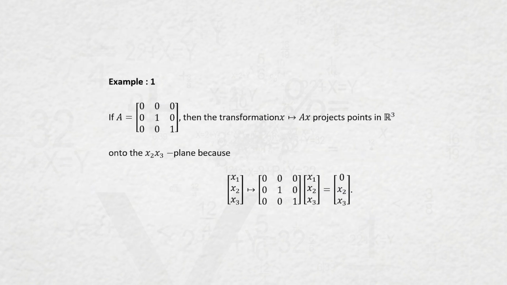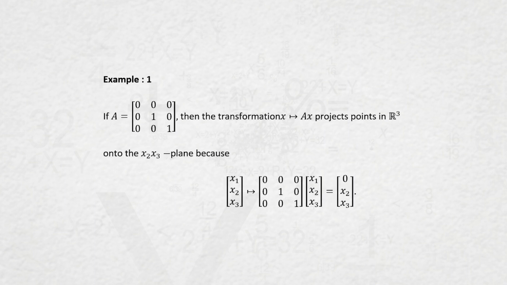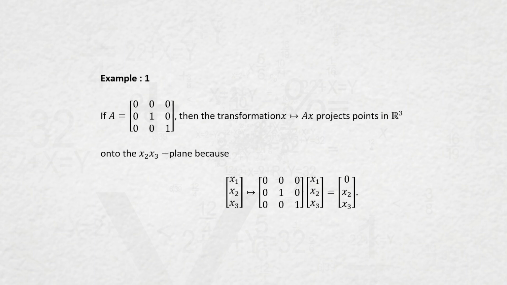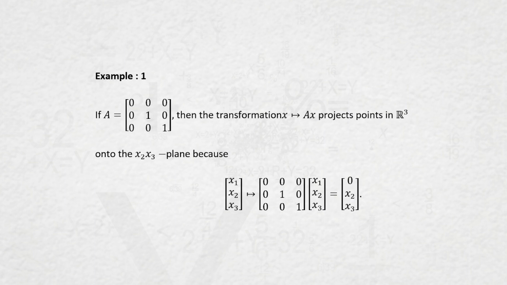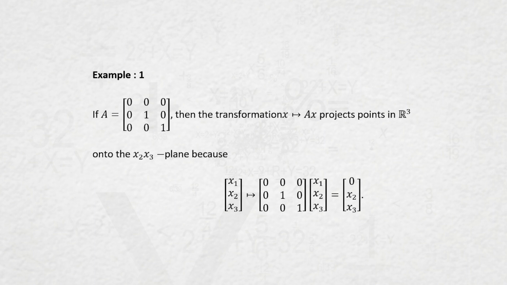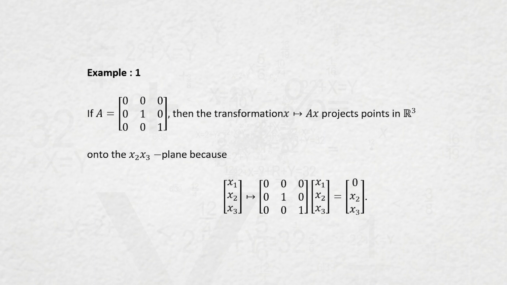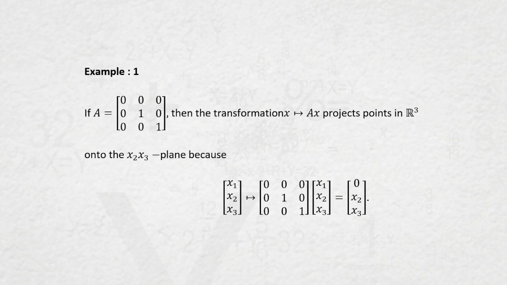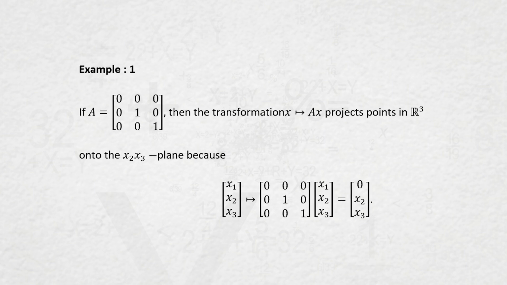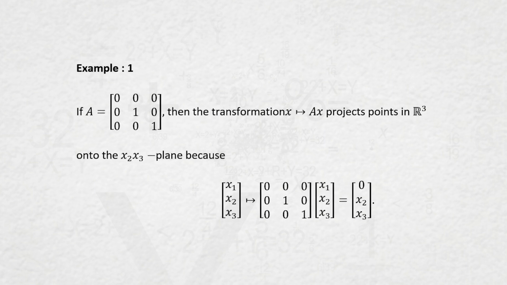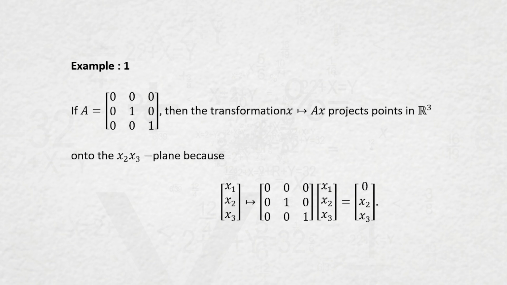Now, we shall discuss an example. Consider the matrix A = [0 0 0; 0 1 0; 0 0 1]. Then the transformation x ↦ Ax projects points in R^3 onto the x2-x3 plane, because multiplying A by (x1, x2, x3) gives (0, x2, x3).